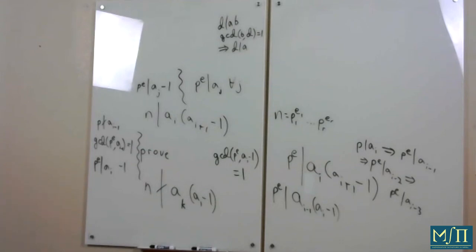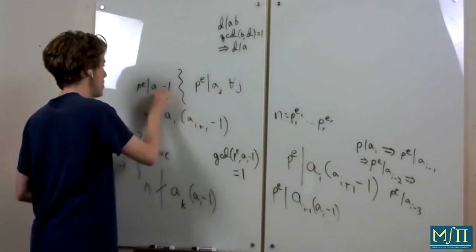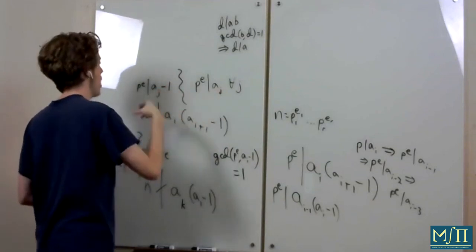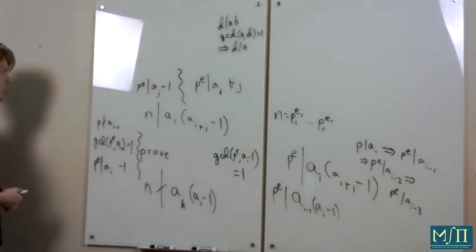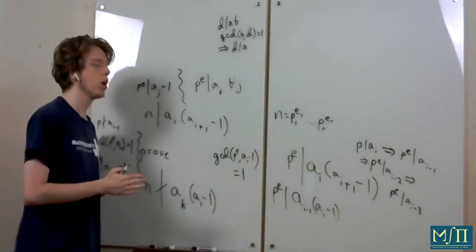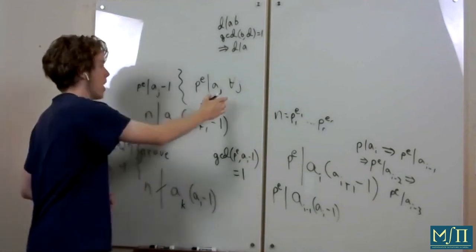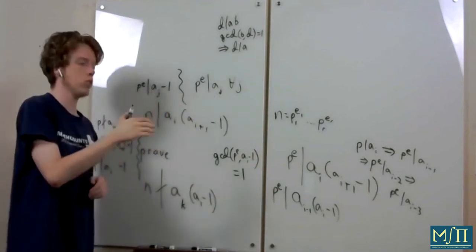And so, basically, intuitively, we know how all of the a_j behave modulo every prime power that goes into n maximally. And they all behave the same for each prime. There might be some primes where it divides them all and other primes where it divides each of them minus 1.